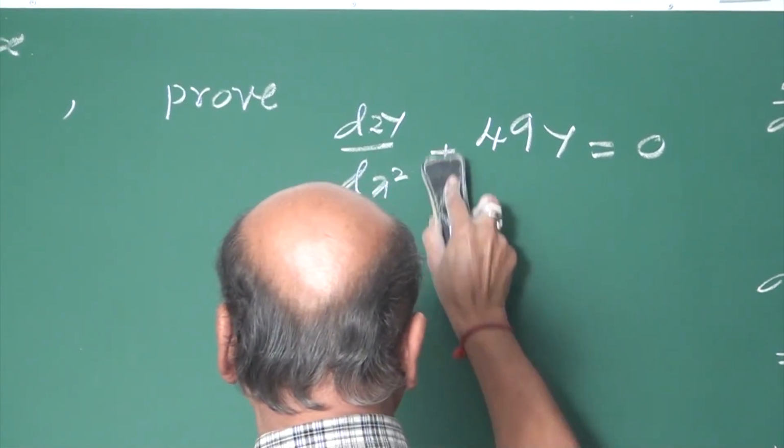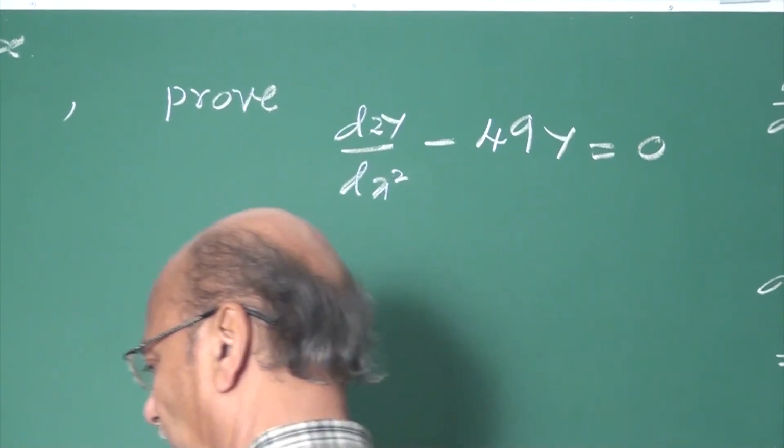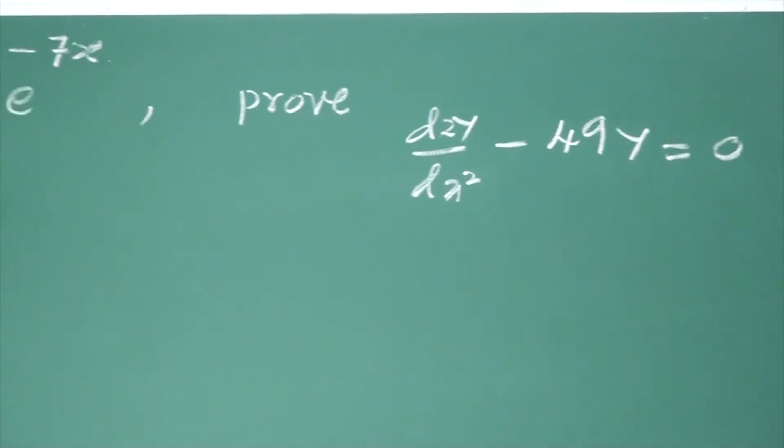Not plus, my friend, it is minus: d2y by dx2 minus 49y equals 0. Yes, right. This is given.